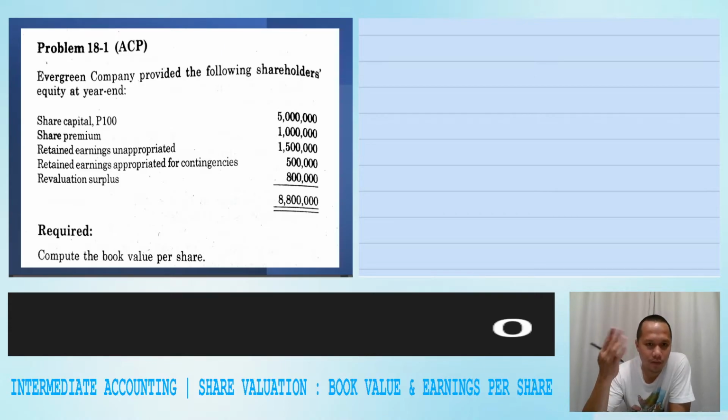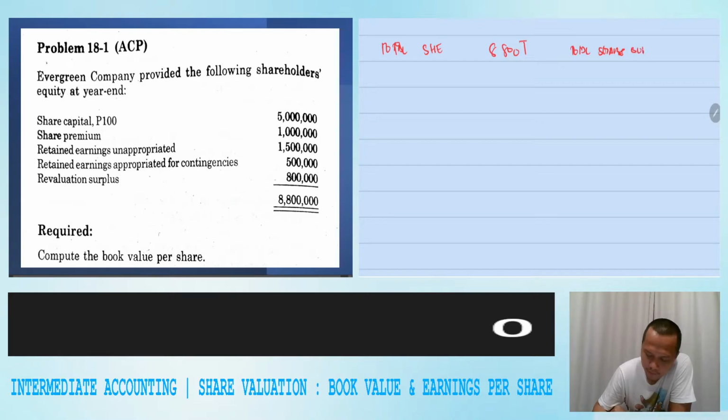Kasi all we need to do is total stockholders equity divided by your shares outstanding.